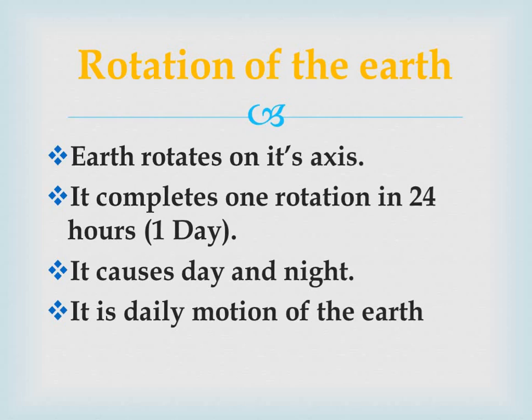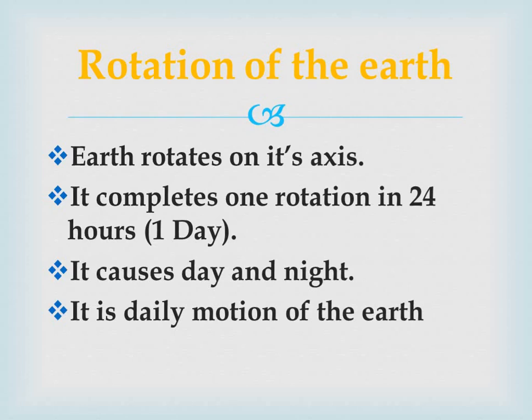This 24 hours is known as an earth day. So the one rotation the earth completes in 24 hours is known as 1 day. Due to rotation on its axis, it causes day and night.